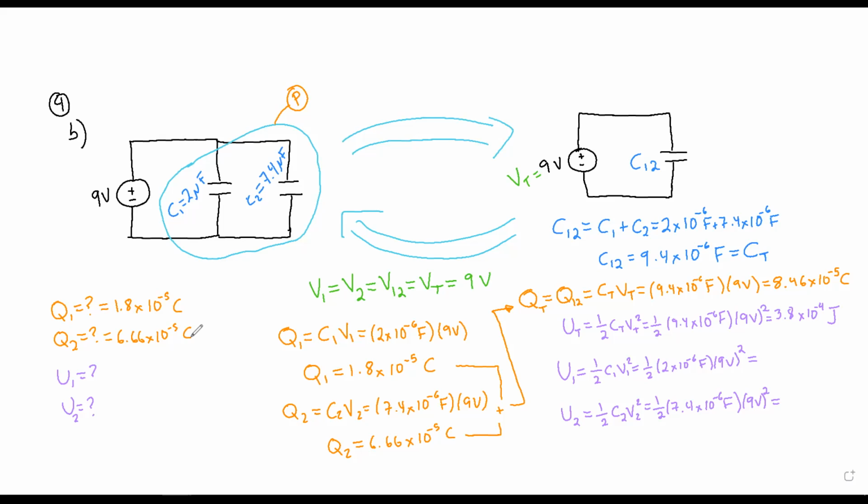Okay, so what values did you get for energy 1 and energy 2? I calculated energy 2 first because I'm like that. Okay. I got 3 times 10 to the negative 4 joules, and so the other one should be 0.8.